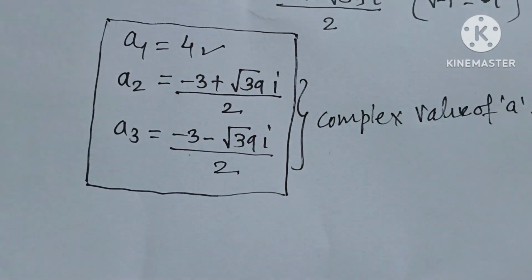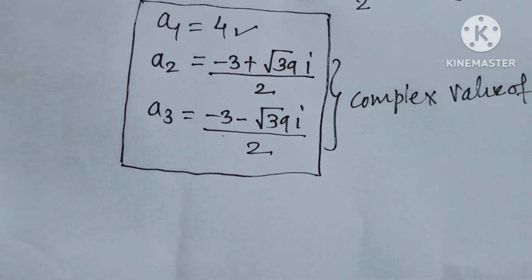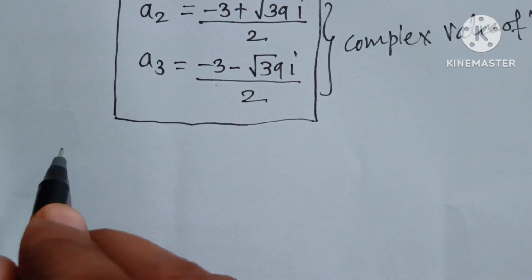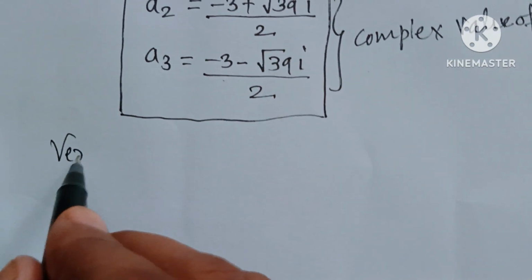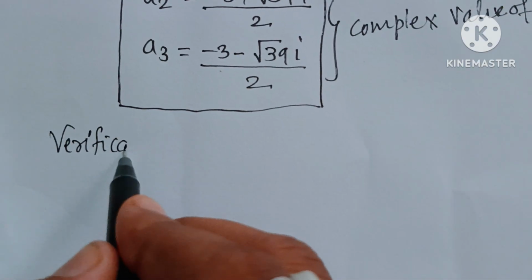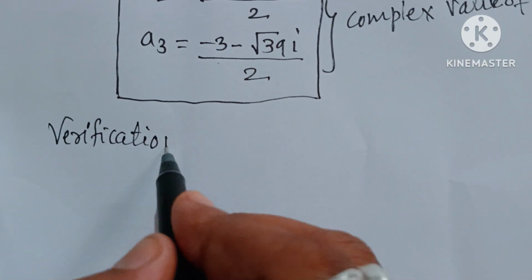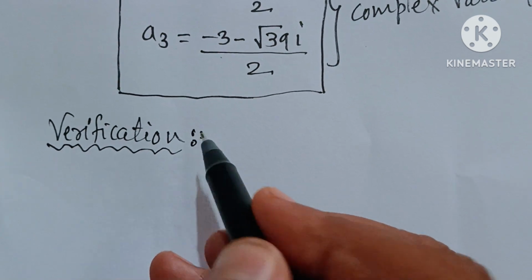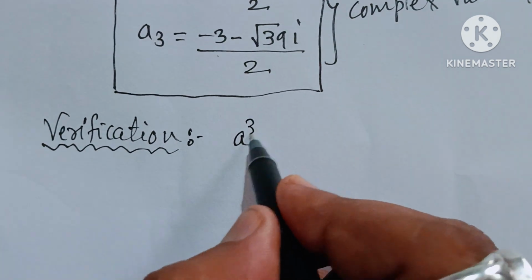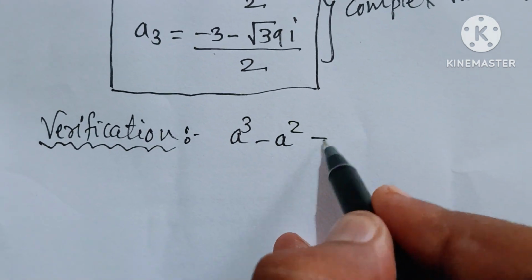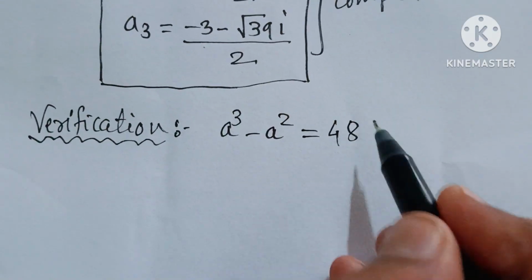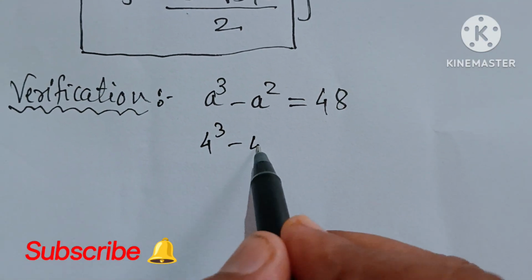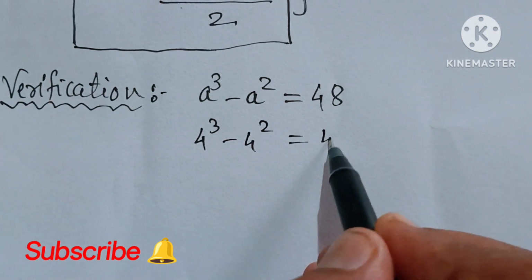Now we will verify this. Verification: a³ − a² = 48. 4³ − 4² = 48.